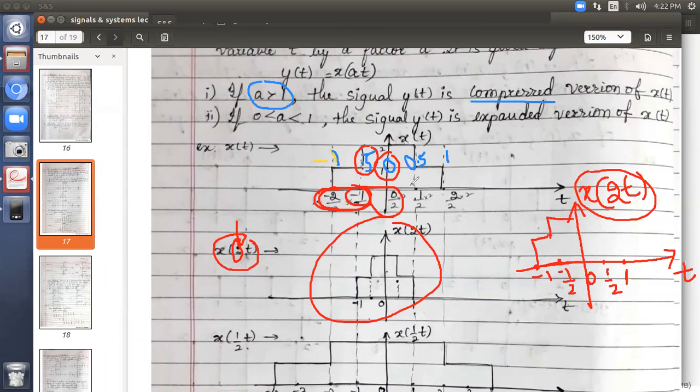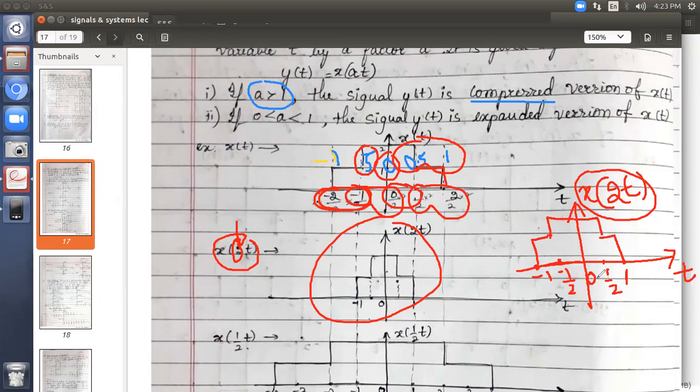Similarly, coming to the right hand side, earlier between 0 to 1, this existed. Now the new range is between 0 to 0.5, so this is continued. After that, between 1 to 2, the signal is like this, one more step, amplitude is 1. Now the new signal range is 0.5 to 1.